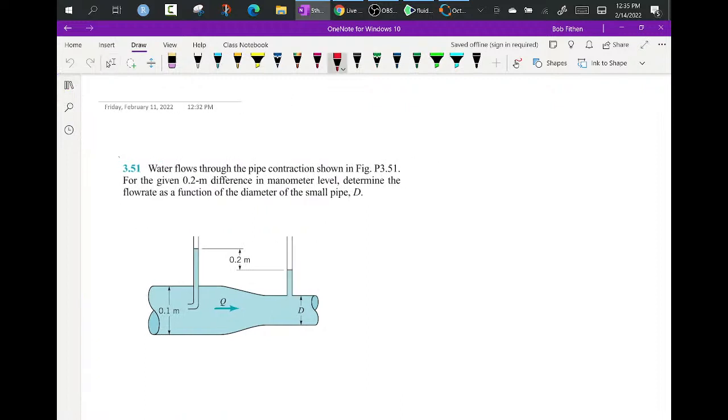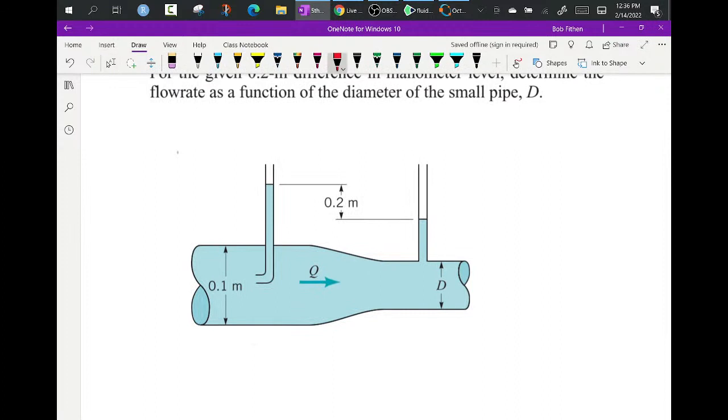Water flows through the pipe contraction shown here for the given 2 meter difference, and we want to determine the flow rate as a function of the diameter of the small pipe. Okay, so here's the deal. You pick a spot back here, name it 1.